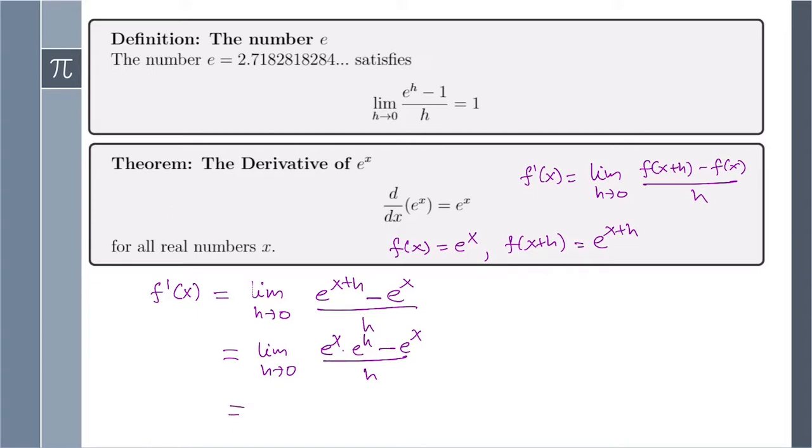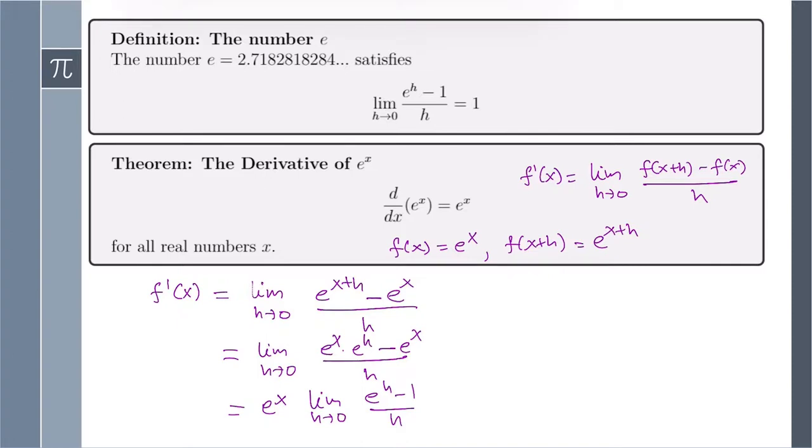Now we factor out e to the x from the numerator, and we can pull it all the way out, because the limit is as h approaches 0, not x approaches 0. So we can pull that e to the x out, and then we can write the limit as h approaches 0 of e to the h minus 1 over h. When I factor out e to the x, the numerator becomes e to the h minus 1.